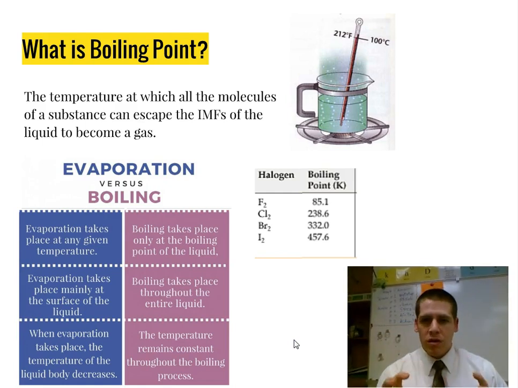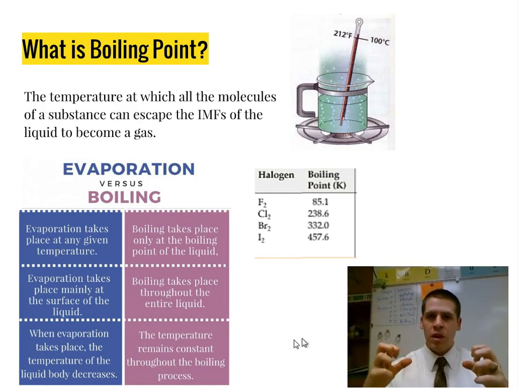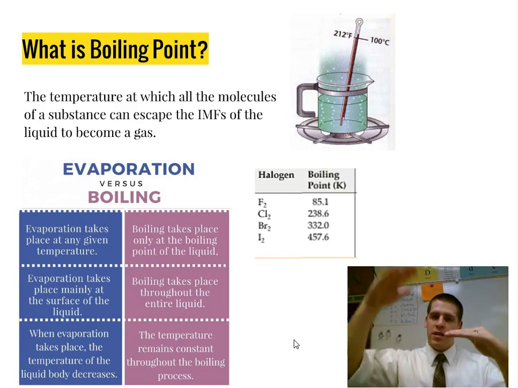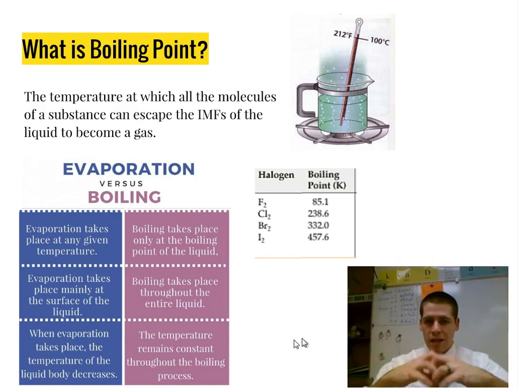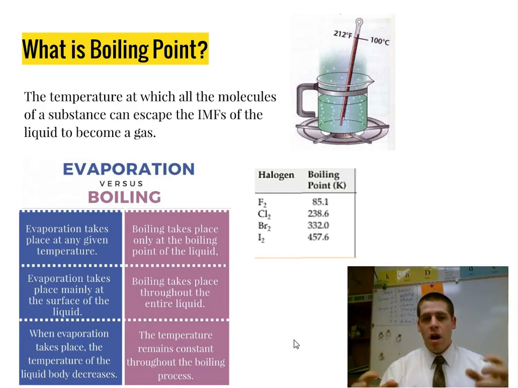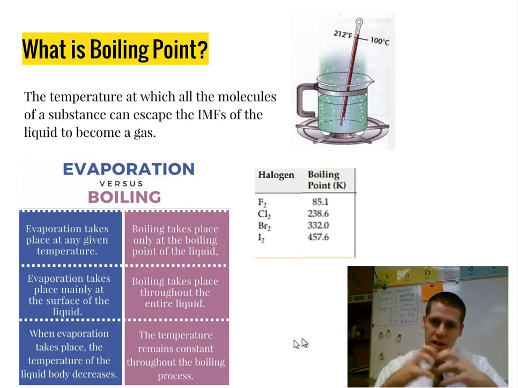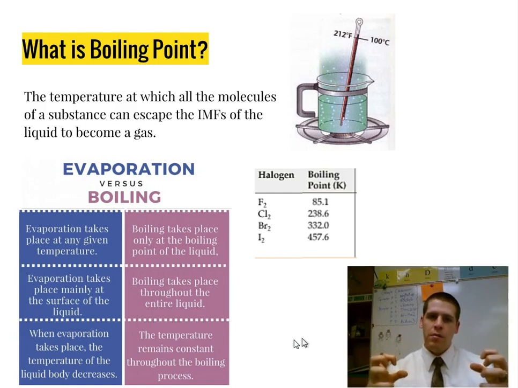When you boil something though, you're providing so much energy to it, you're heating it up so much, the molecules are moving so much that they can break free from each other anywhere in the liquid. Not just at the surface where they can escape, but they can also separate and form bubbles on the sides, down below, underneath, anywhere in the liquid they can do this. And that's because you're providing just enough energy to separate those molecules throughout the entire liquid.